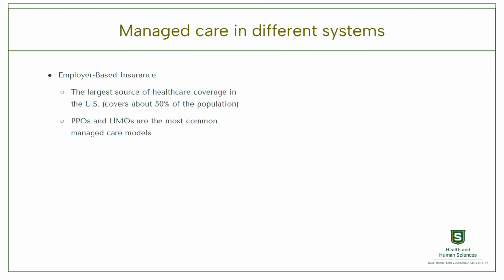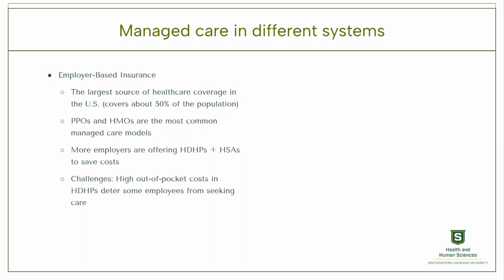With managed care, how it integrates with EBIs is mostly PPOs and HMOs, but more and more employers are opting for high deductible plans and combining them with HSAs. Like I said, Southeastern is one of those employers that does it that way.